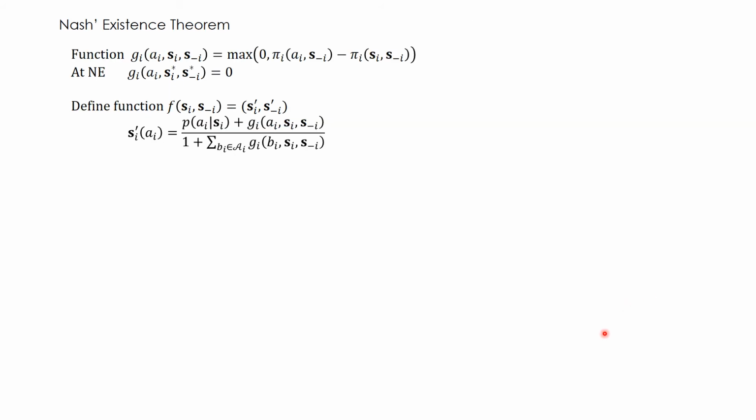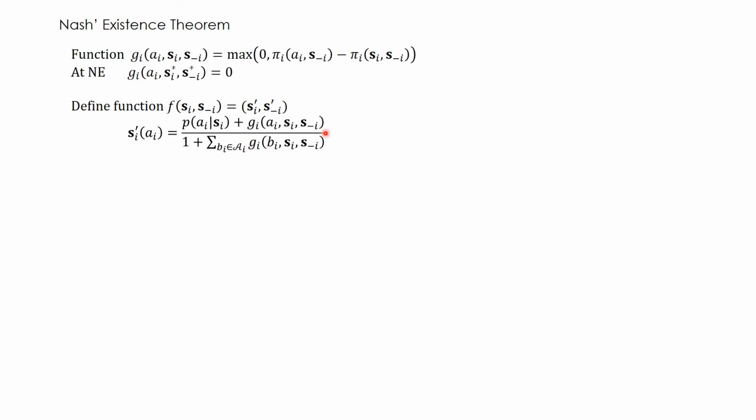Next, let's define this function f, which is a mapping from the joint strategy space to the joint strategy space. S prime i of action a_i equals the probability of action a_i in S_i plus this G_i of action a_i.